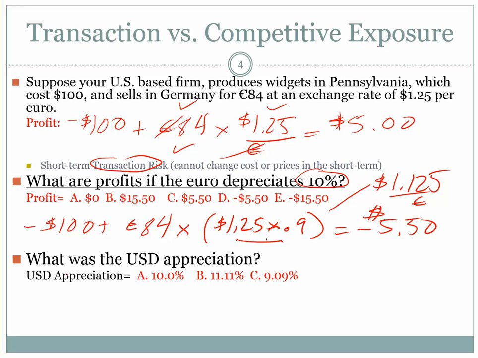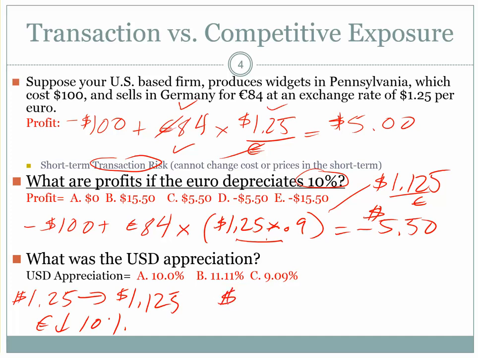By the way, a number we're going to be using later is the US dollar appreciation. So let's just look at that. If the exchange rate goes from 1.25 to 1.125, the euro is down 10%. However, we learned that that doesn't mean that the dollar is going to be up 10%.